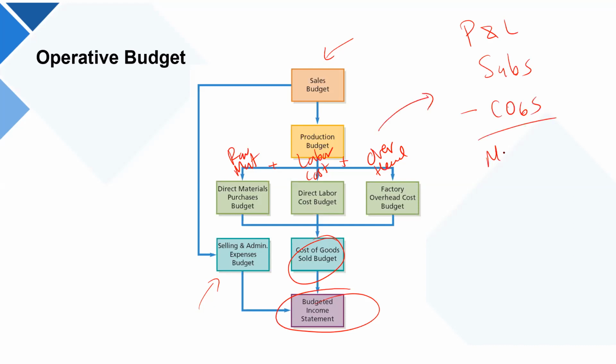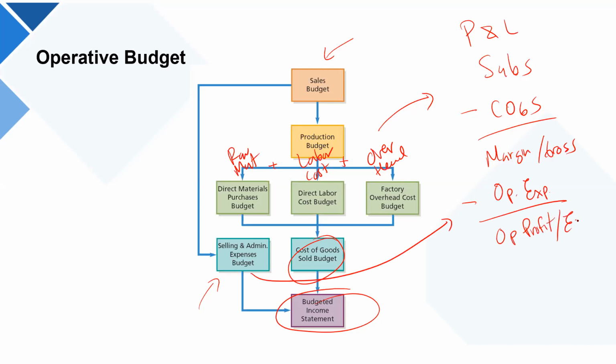That will give you the margin, right? Or gross profit. Then you have the operating expenses here. That's going to give you the operating profit or EBITDA.